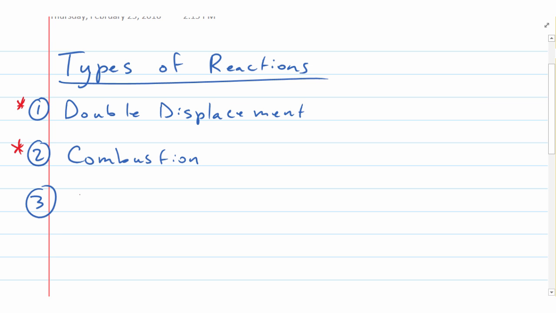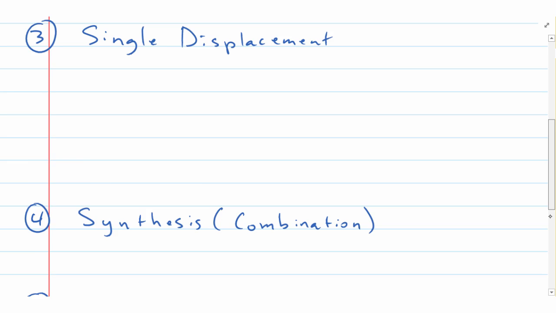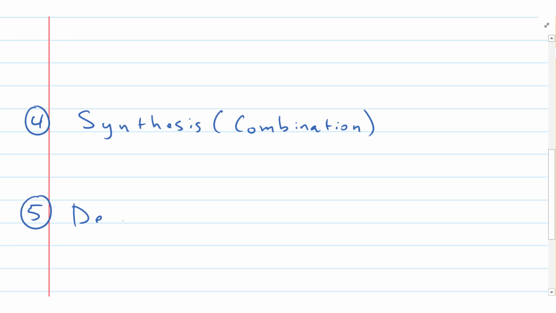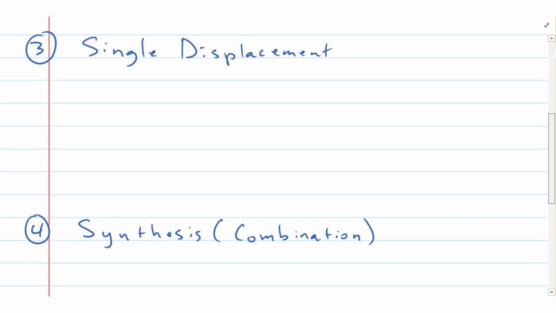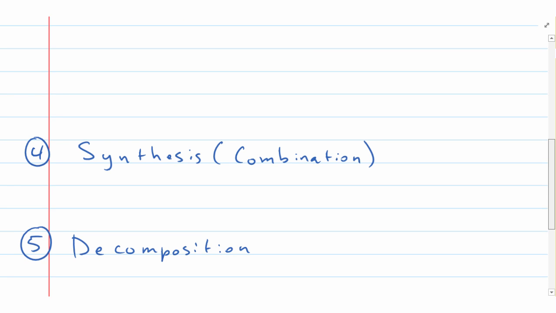Types that we haven't gone through yet are single displacement, synthesis reactions, which are also called combination reactions, and decomposition reactions. So again, the new ones we're going to look at today are single displacement, synthesis or combination reactions, and decomposition reactions.